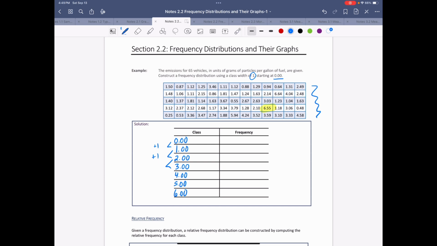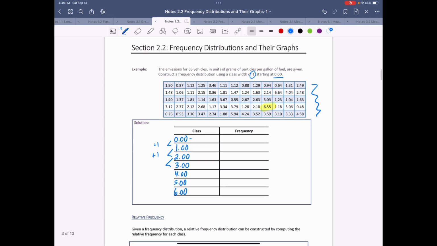And here's how you're going to get your upper class. Now, the first class goes from 0 to less than 1. In decimals, the first decimal to the hundredths place that's less than 1 is 0.99. If it was tenths, it would be 0.9. If it was integers, you know how the 5 went to the 4.